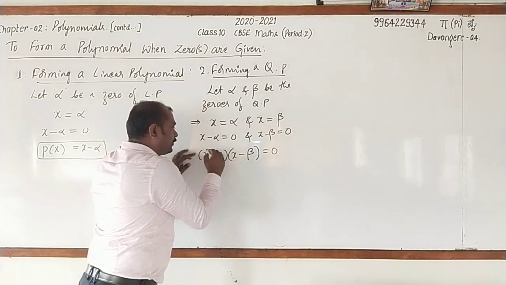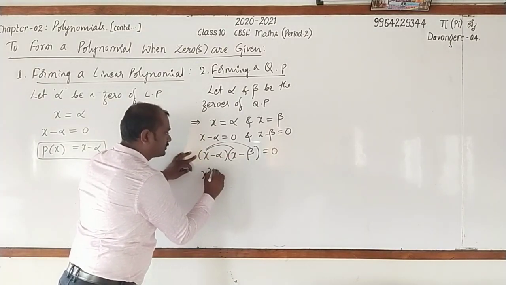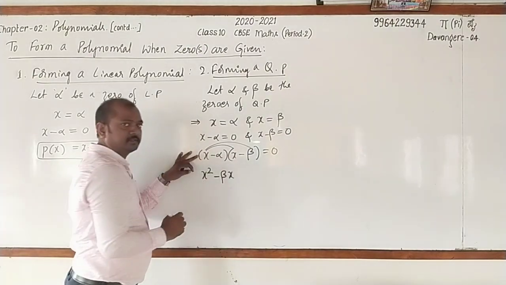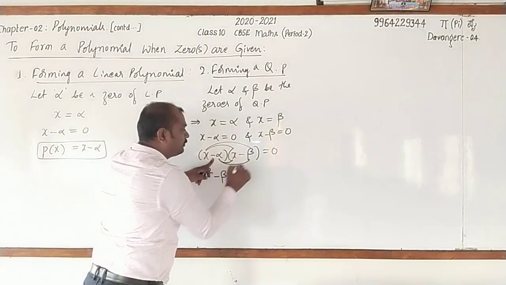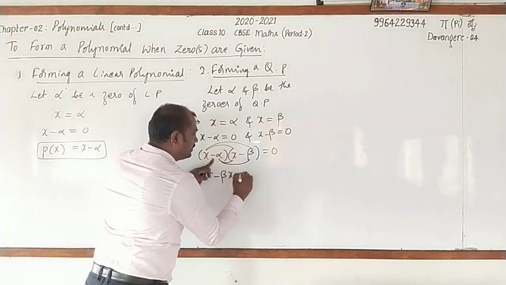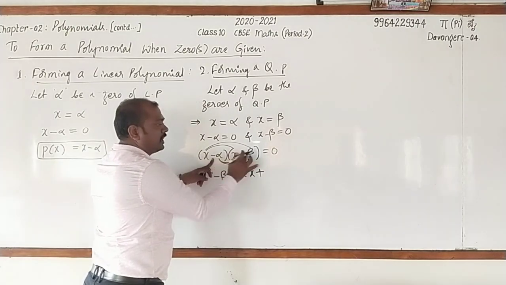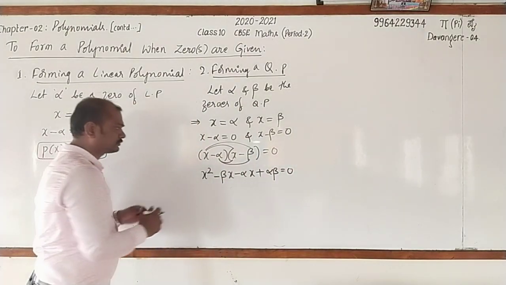Next, multiply x with both the terms. x into x, x square. x into minus beta, minus beta x. Minus alpha should be multiplied with both. Minus alpha into x, minus alpha x. Minus into minus, plus. Alpha into beta, alpha beta equal to 0.